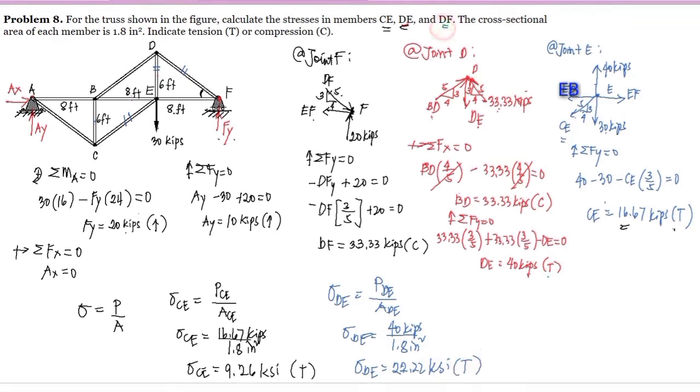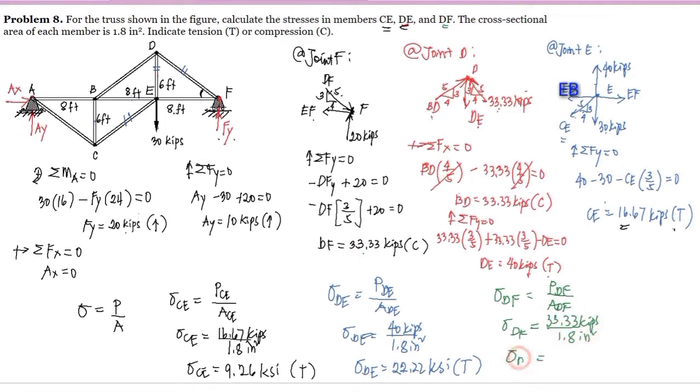And last one we have for the DF. Stress in DF is equal to force DF over area DF. So we have here stress in DF is equal to force in DF, so that is 33.33 kips over the area of 1.8 inch square.